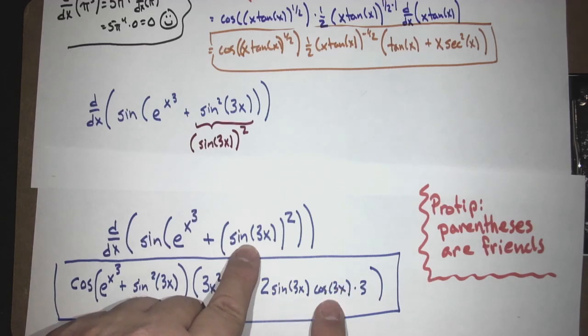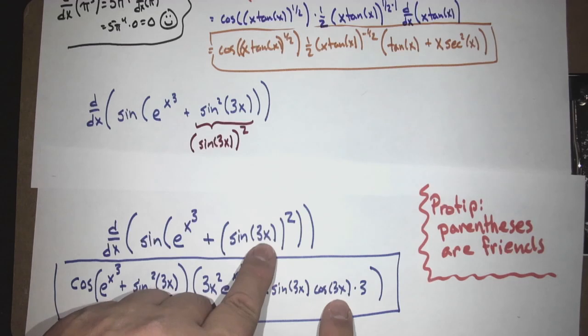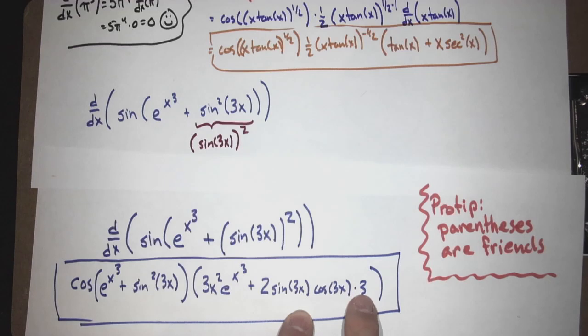The inside stays the same. Then you say, okay, times the derivative of the inside. The derivative of sine is cosine. But now, cosine of what? Cosine 3x. So then I have that layer, and what's the derivative of 3x? 3. So there we go. And just a pro tip: parentheses are friends. We like parentheses, so make sure you use them judiciously.